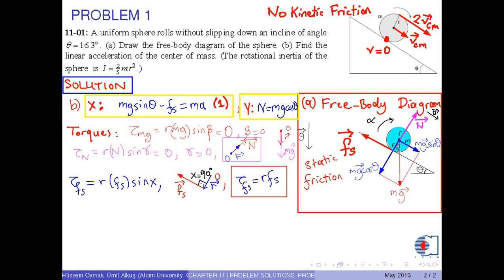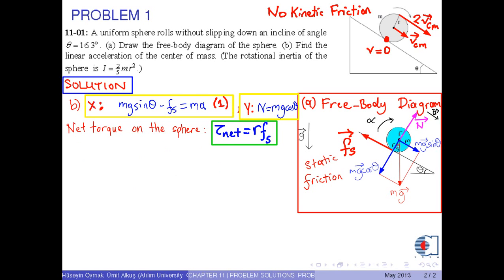Finally, net torque on the object is tau net equals r times Fs. We say that only the static frictional force causes a net torque. Here we use Newton's second law for rotational motion, that is, net torque equals I times alpha, which is equal to r times Fs.